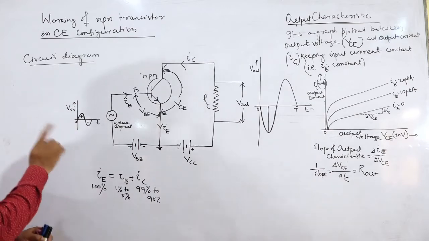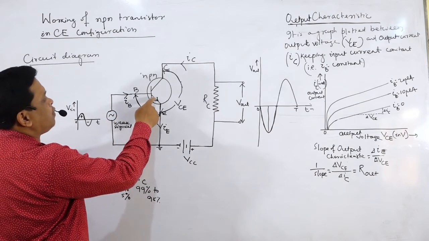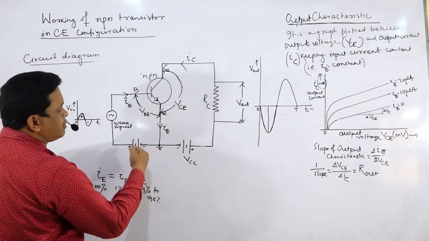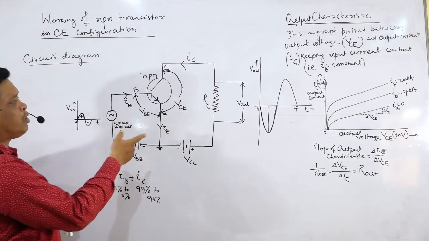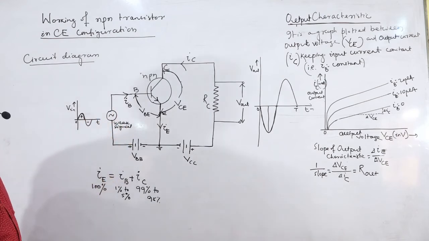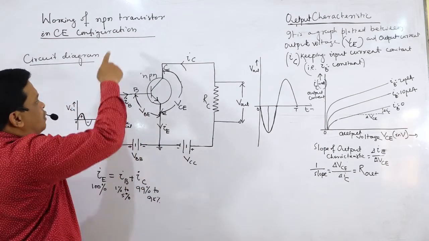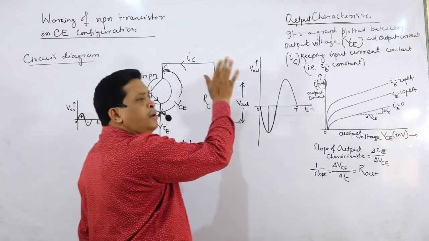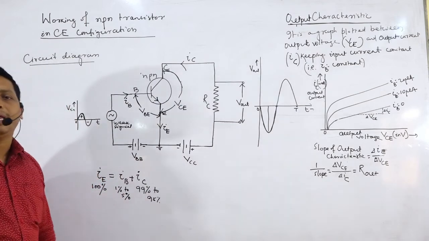If you are asked PNP, the only thing is that the transistor symbol will change, the current direction will change, and the battery connectivity will change. For PNP, I will show you in my next class. But this is the NPN transistor. So you have to write the circuit diagram, the working, then input and output characteristics along with the current amplification factor.